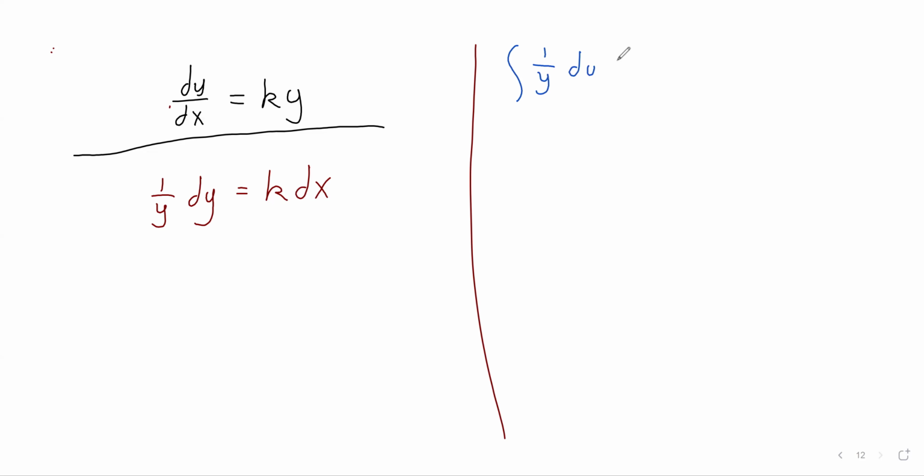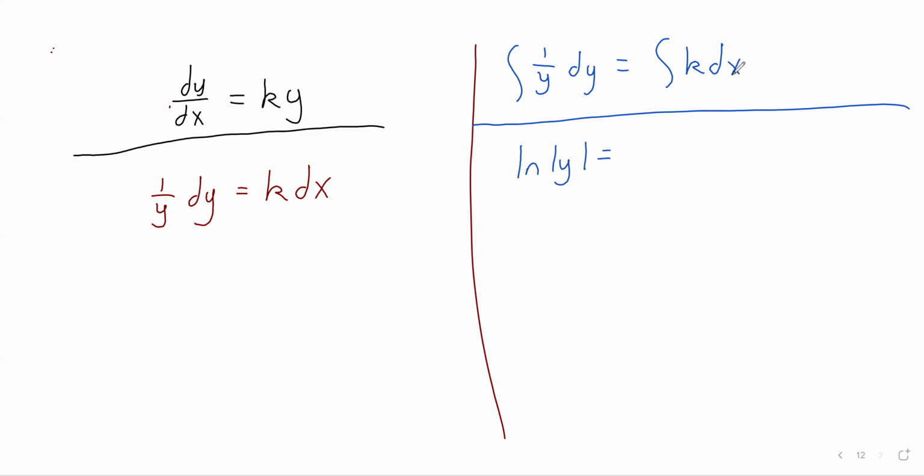And now we chuck those integral signs on. We get the natural log of the absolute value of y equals k times x plus c.